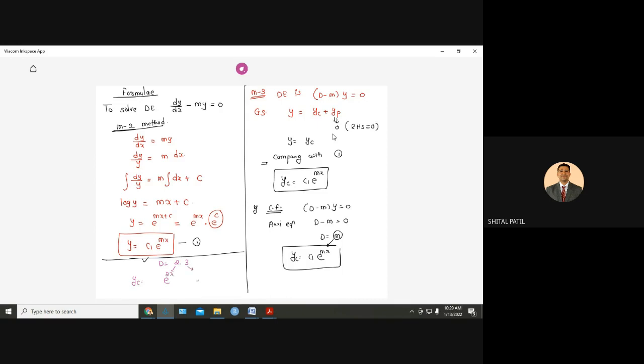Corresponding to 3 we have e raised to 3x. Since two roots are there, the order of the differential equation is 2, and therefore two arbitrary constants will be there. It will be c1 e raised to 2x plus c2 e raised to 3x. And it is obtained by this method.